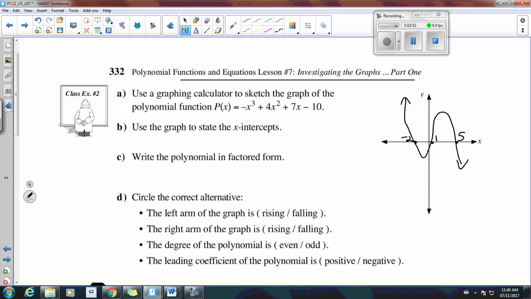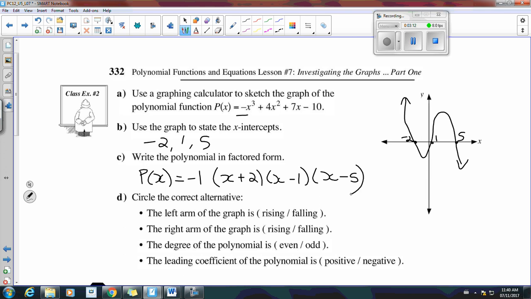So graphically, those are pretty easy to find on your calculator. So write the polynomial in factored form. Well, now we see that this should have a negative leading coefficient. So we can simply write p of x equals -1 times x plus 2, x minus 1, x minus 5. Of course, you don't actually really need to write that 1. Most of the time, there'll just be a negative sign in front.